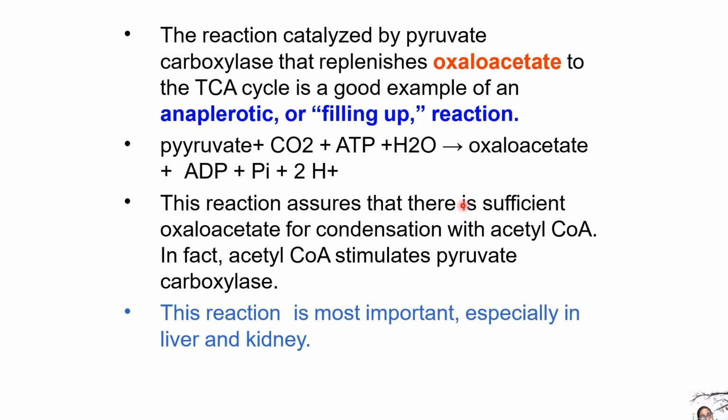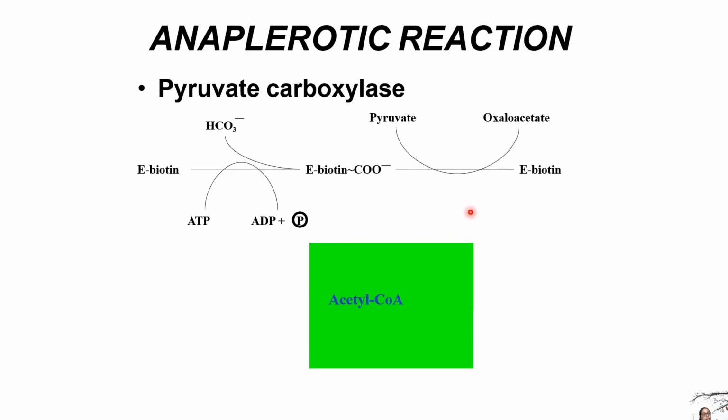This reaction assures that there is sufficient oxaloacetate for condensation with acetyl-CoA. In fact, acetyl-CoA stimulates pyruvate carboxylase, and this reaction is most important, especially in liver and kidney. So this is an example of an anaplerotic reaction.